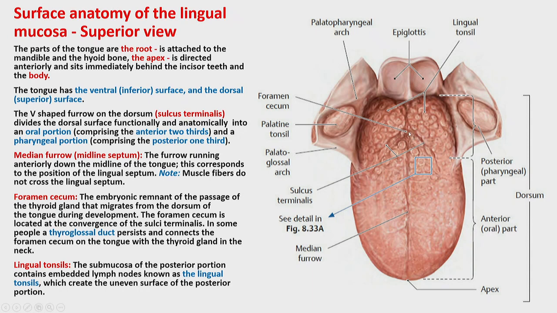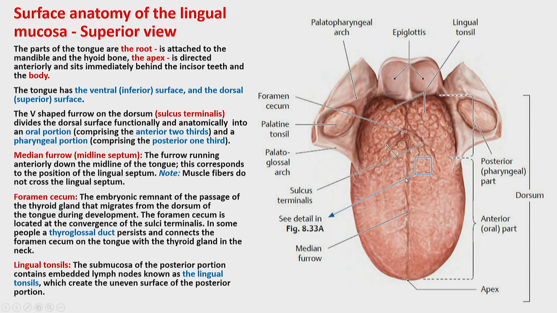In the middle of the tongue, if you pay attention, there is a shallow groove or sulcus, which is called the median lingual groove or median furrow, and it divides the tongue into the right side and left side.